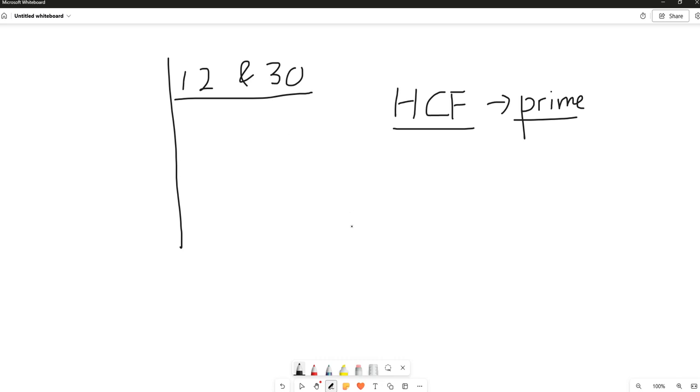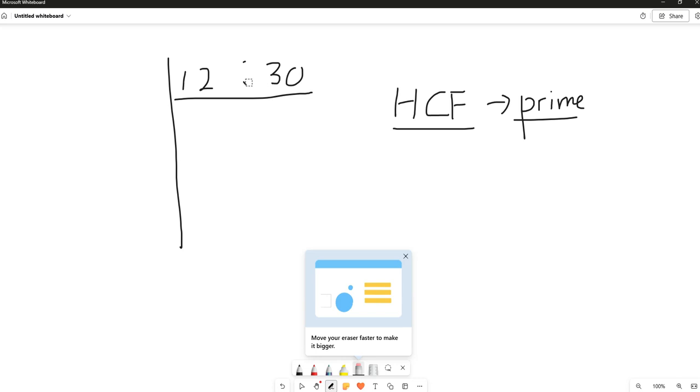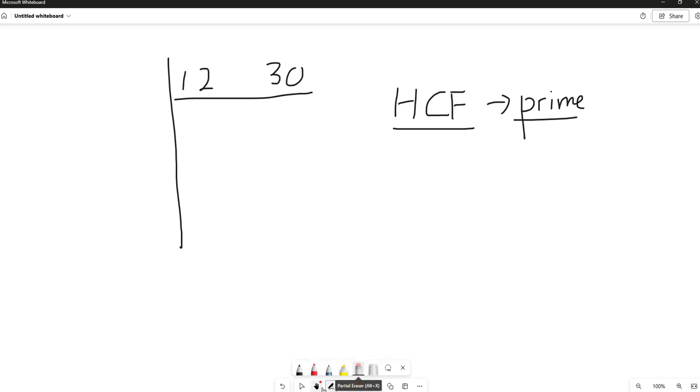Alternatively, you can also do it separately. Whichever way you do it, as long as you show your working clearly, it is very much appreciated.